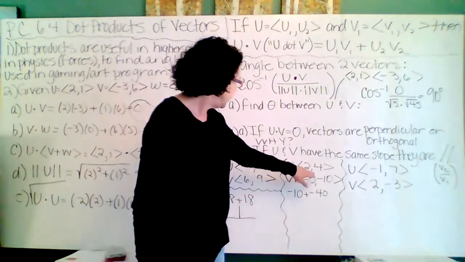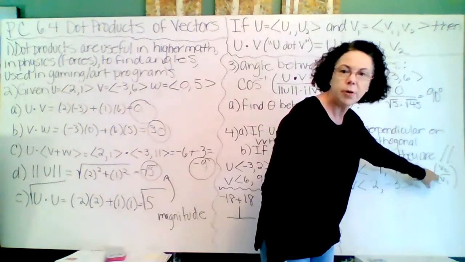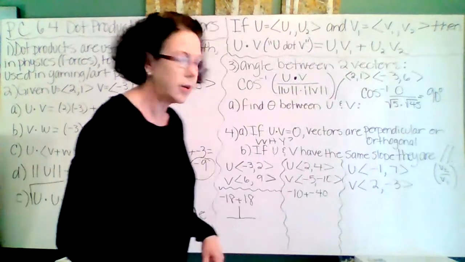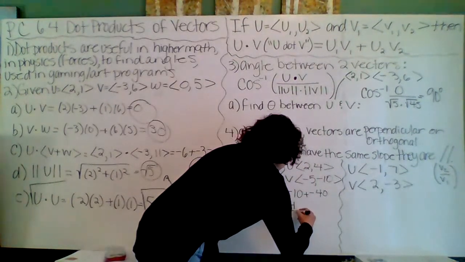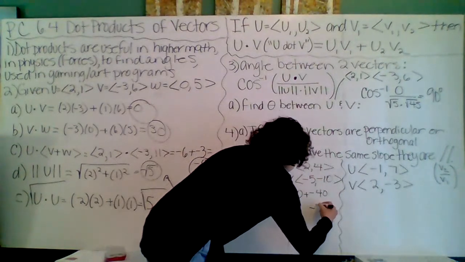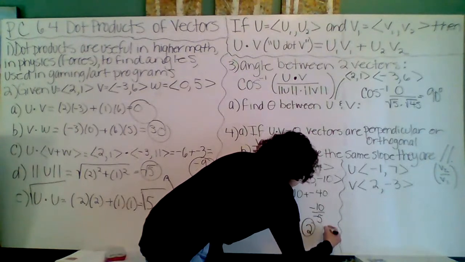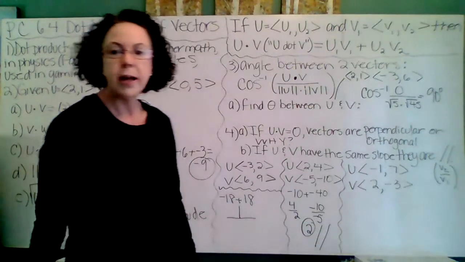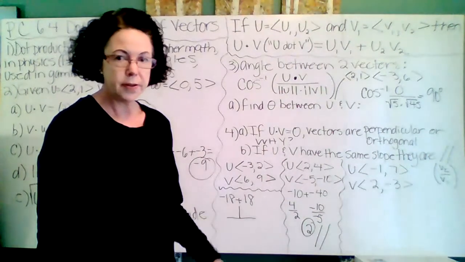So the way you find the slope of a vector is just to take its vertical component divided by its horizontal component. So let's see, 4 divided by 2, negative 10 divided by negative 5. Notice both these vectors have a slope of 2, right? These vectors are parallel to each other.